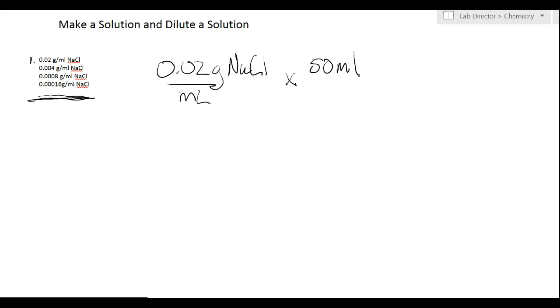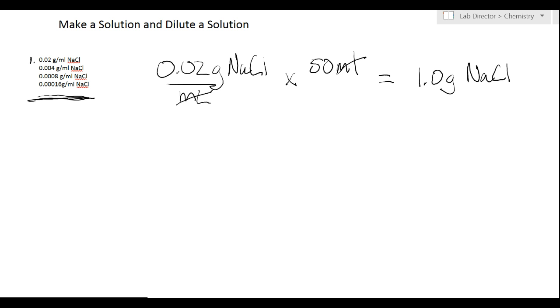So how many grams of NaCl do I need? I can cancel out my milliliters, and if I do that math, I'll find I need 1.0 gram of NaCl. Okay, so when I make this 50 milliliter solution, I'm going to use 1.0 grams of NaCl.